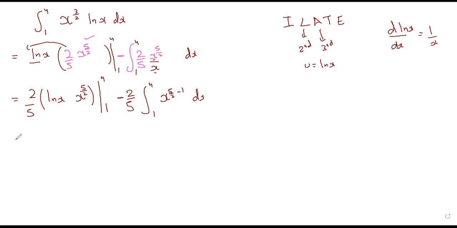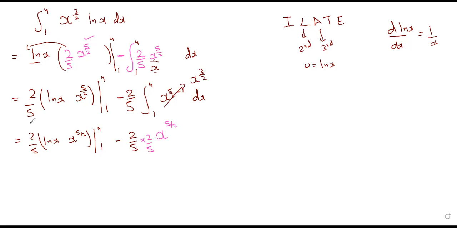I'll write this whole thing: 2 by 5 ln x, x to the 5 by 2, between 4 and 1, minus 2 by 5. Now what do we have? This would become x to the 3 by 2, and I can integrate this expression. x to the 5 by 2 divided by 5 by 2 will make me multiply it with 2 by 5.